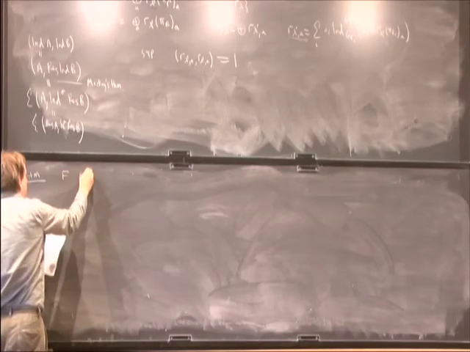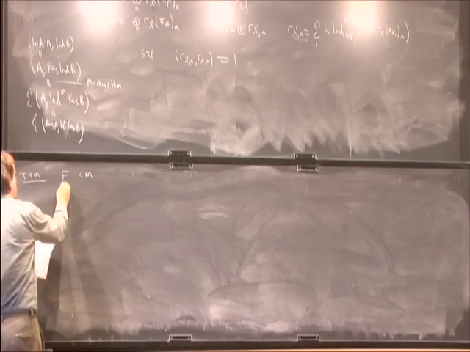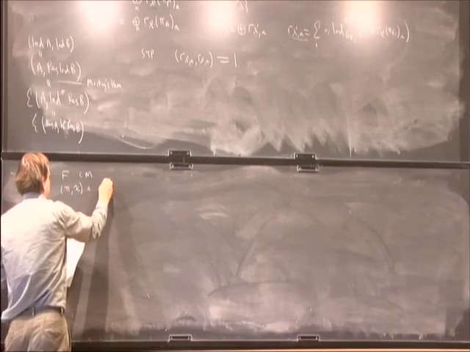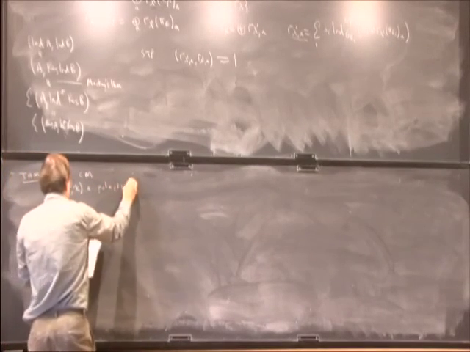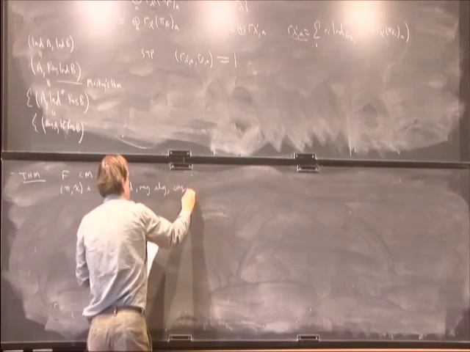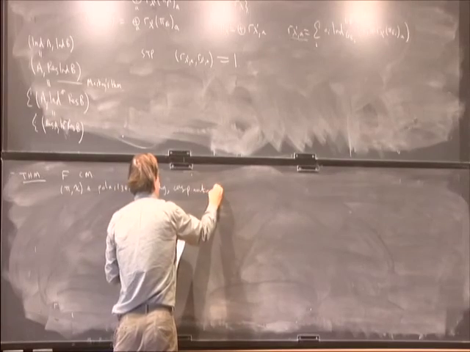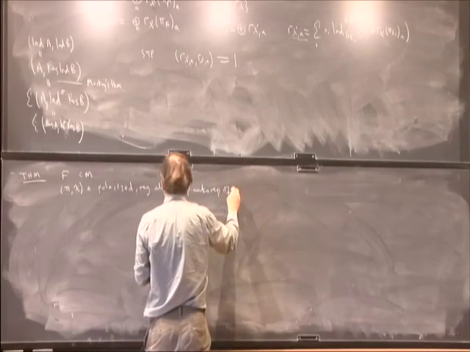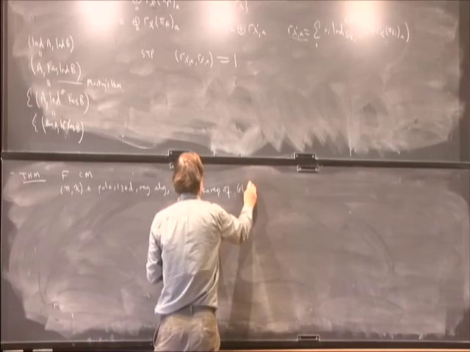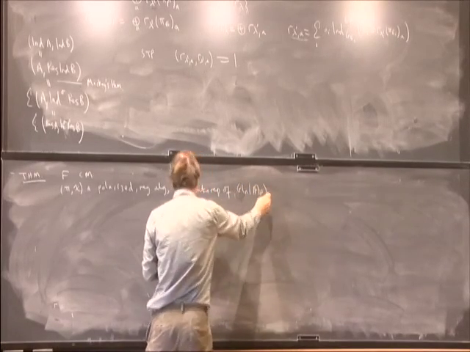Let F be a CM field, and pi a polarized regular algebraic cuspidal automorphic representation of GL_n of A_F.